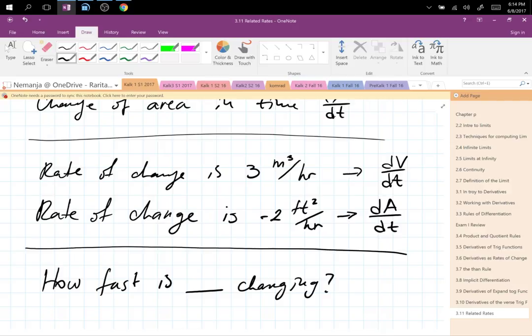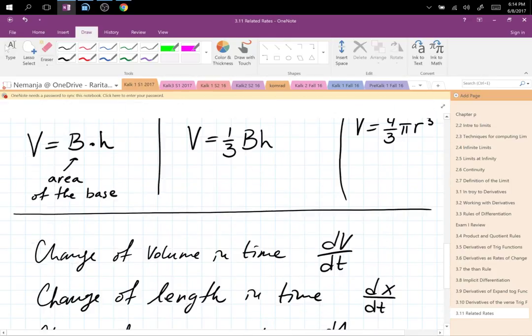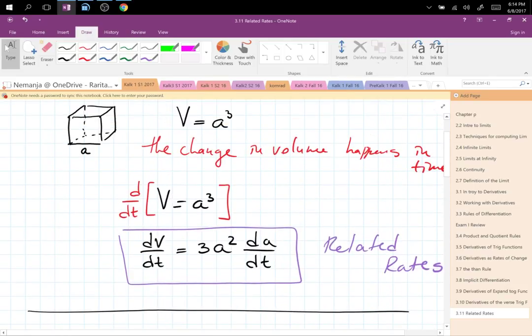All of these are basic skills that we need to be able to set these problems up and eventually solve them. So one more time, we start from the idea that as one quality of a certain object is changing, the other qualities might change as well.